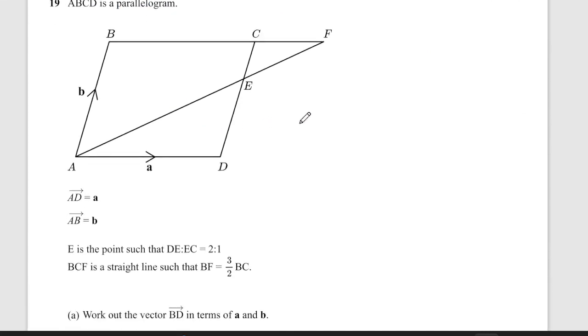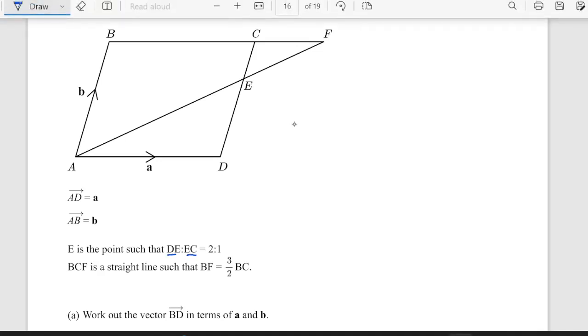Okay, question 19. ABCD is a parallelogram. A to D is equal to vector A to B is equal to vector B. E is the point such that D to E and E to C is 2 to 1. Okay, so BCF is a straight line such that BF is 3 halves of BC.